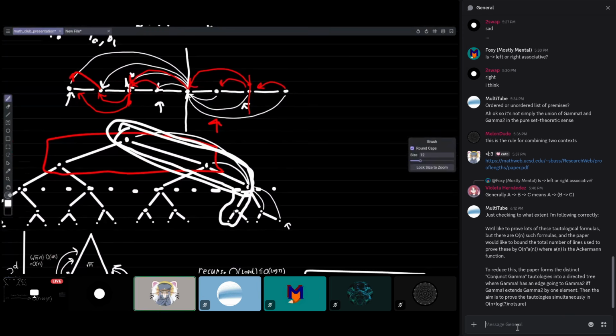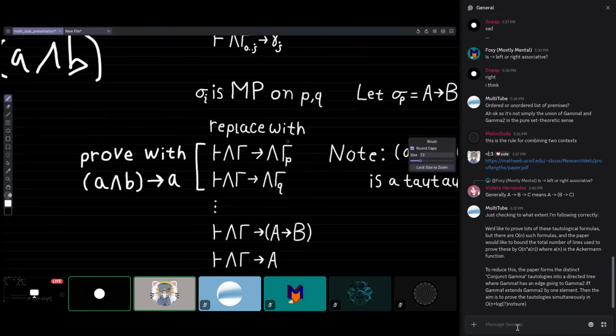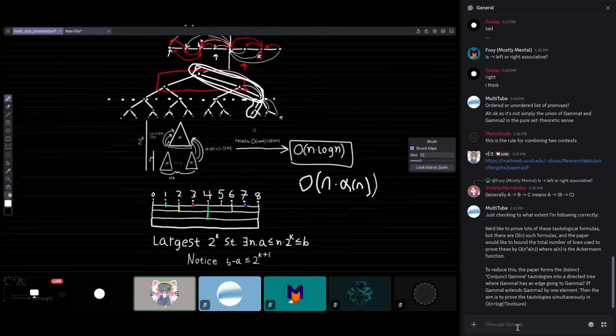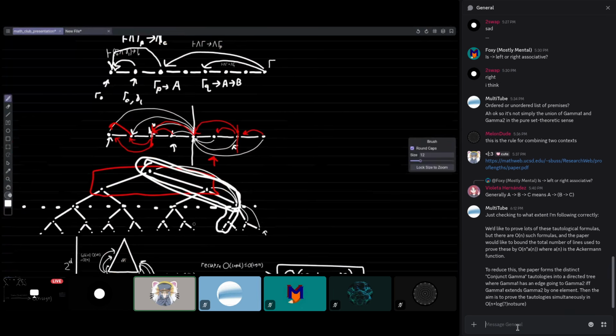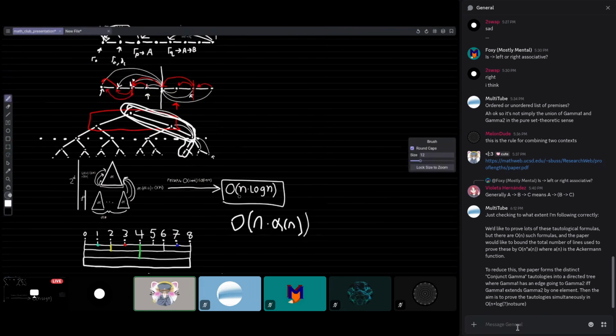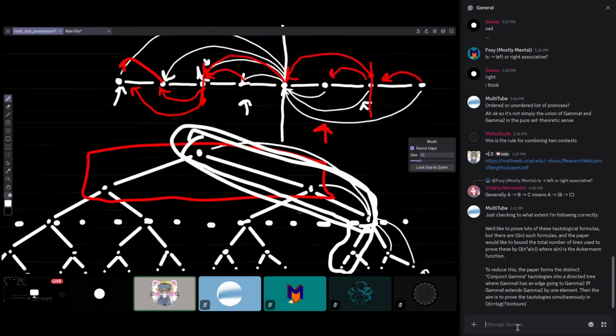You memoize this, and then whenever you need a transport lemma, you only calculate the edges that are in this structure here, and if you calculate them, then you store them. And you never have to do more than this amount of work to prove the statement.